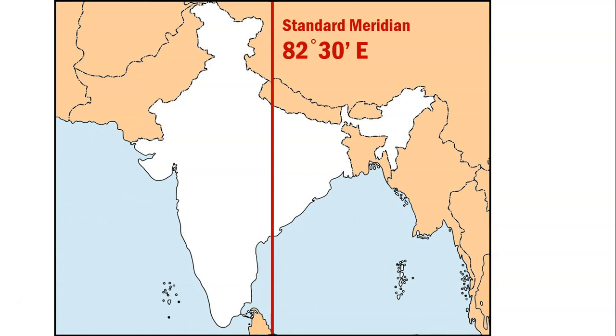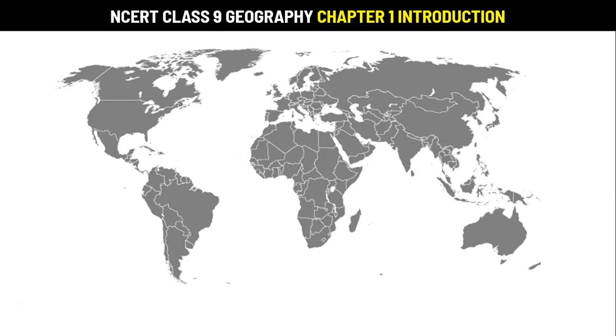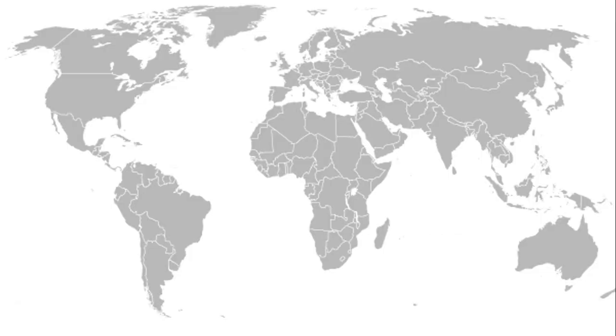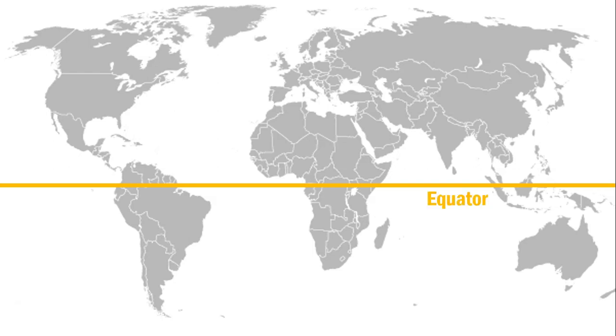Now let us understand latitudes. So the horizontal lines that measure from the north to the south are known as latitudes. So there are many different lines of latitudes. The major ones are, number one, the equator. The equator is the line of latitude at 0 degrees.